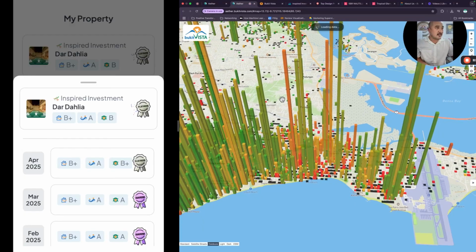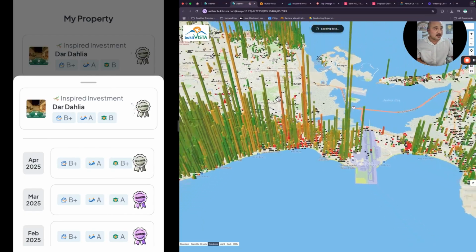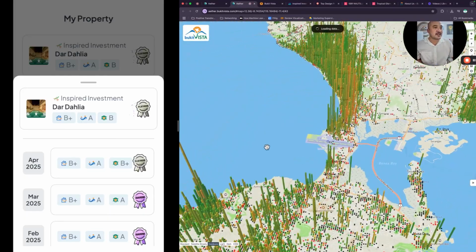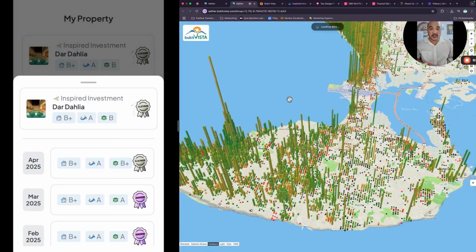The tool that you see here is an advanced Bukit Vista data visualization tool. This spatial map allows us to see the relative importance and also the popularity at each location, given the number of reviews that it has gotten. Now, at a top level, the taller the stack, like this one over here, the more reviews have accumulated, and the shorter the stack, the fewer reviews.